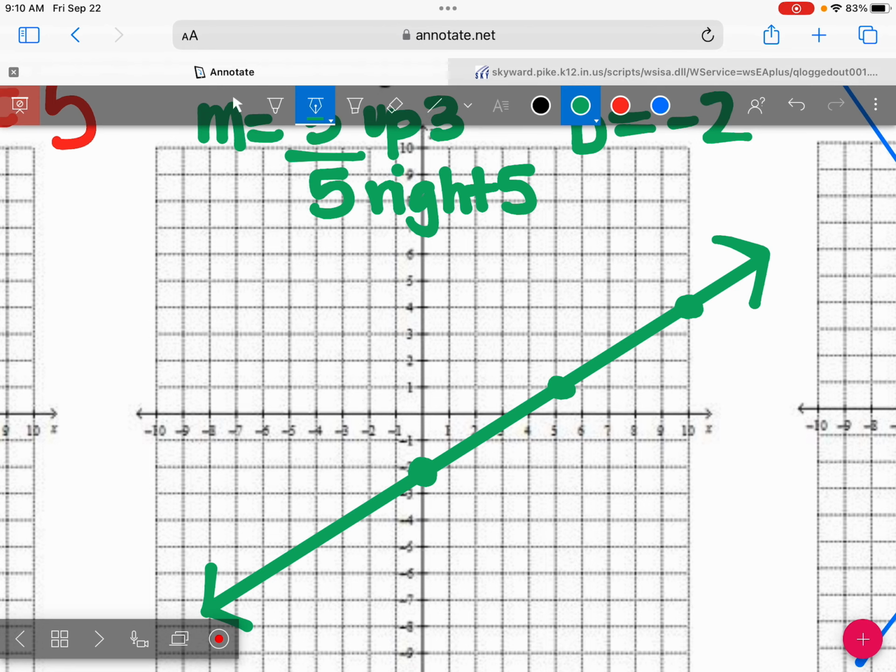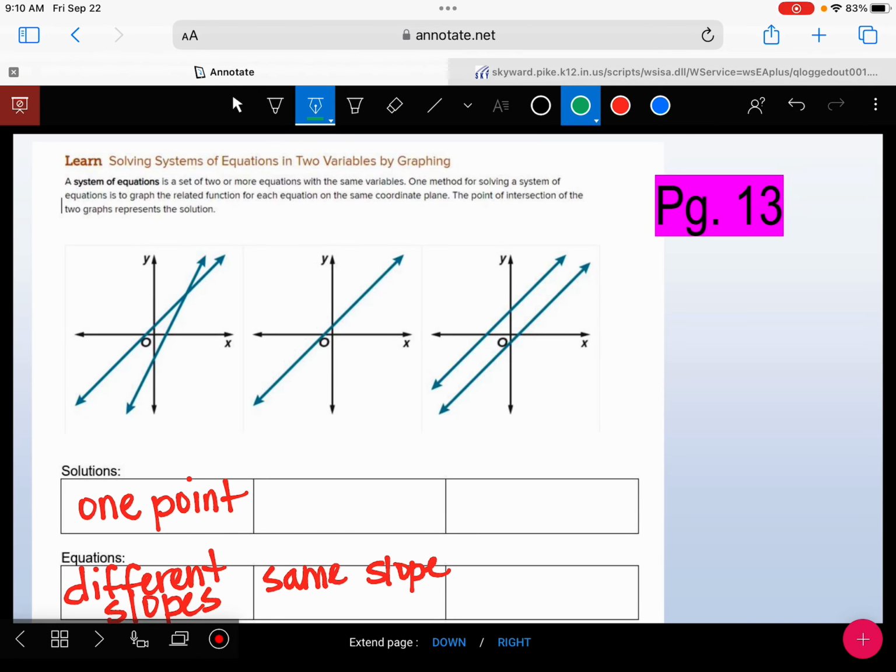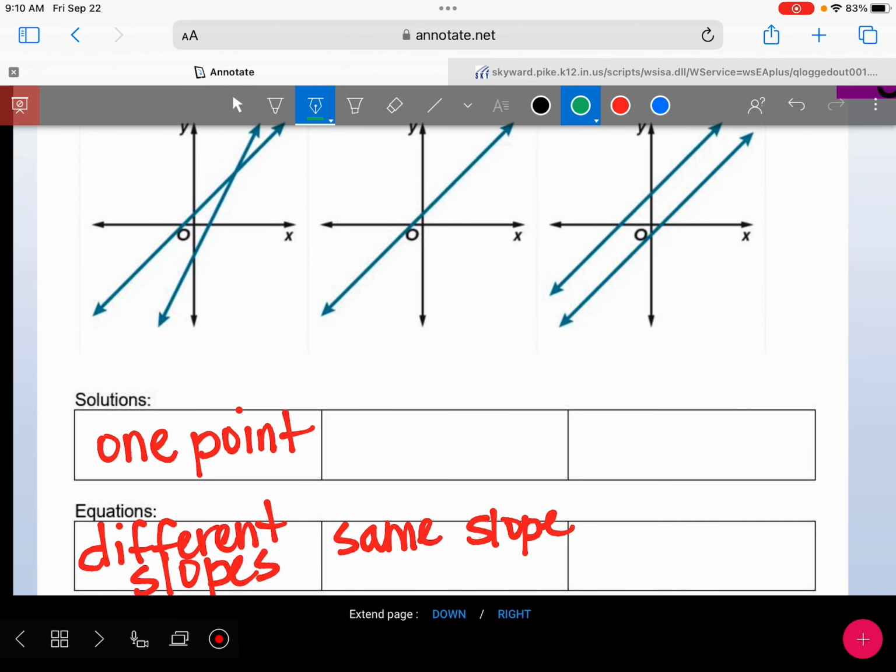All right, so now let's talk about a system. So a system simply means you have more than one line. There's 3 different types of options. You can have one solution, which means there's just one point. There's one solution.